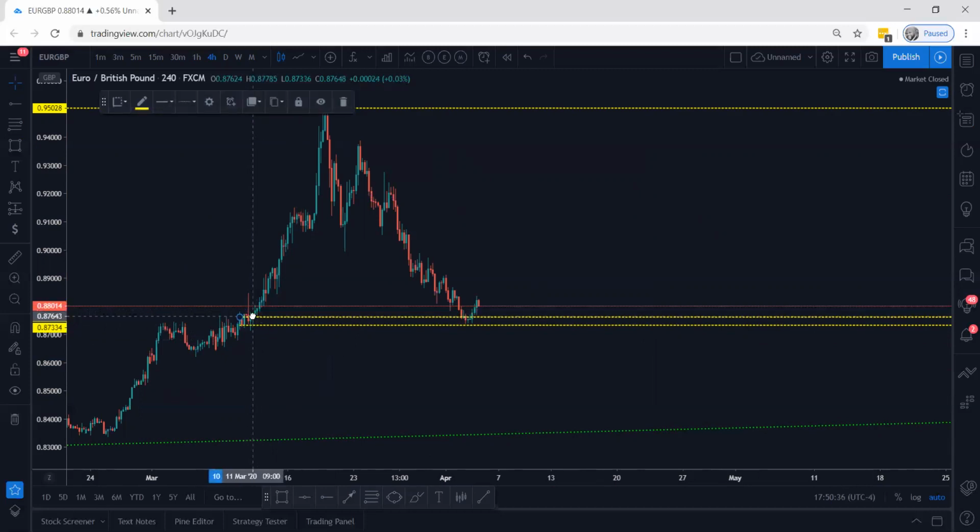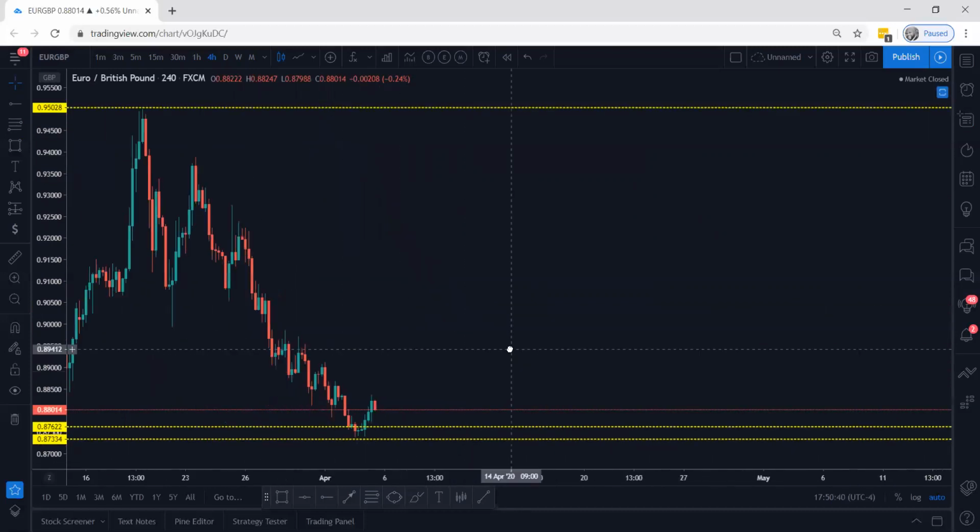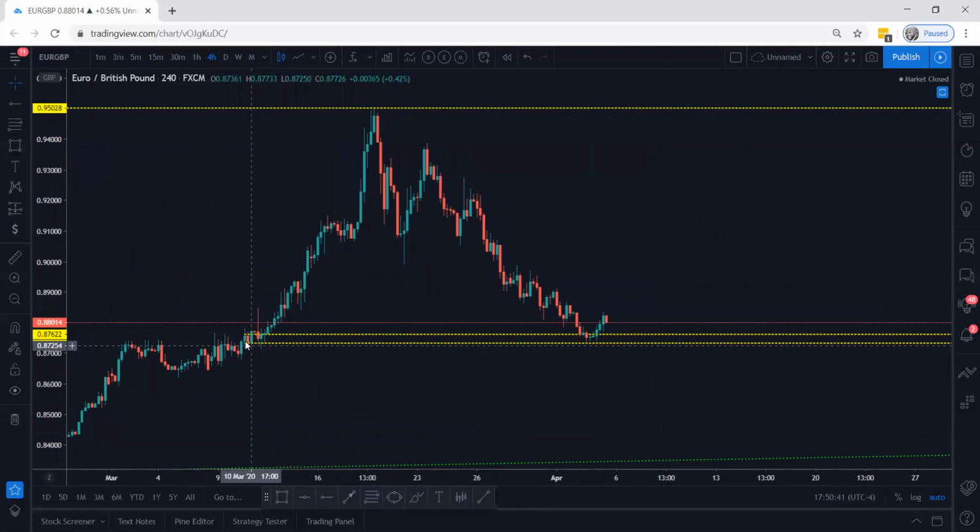Should have plugged in my mouse. Let me zoom that in so you can see it. This red candle is being engulfed by this bullish. So this bearish candle is being engulfed by this bullish candle.